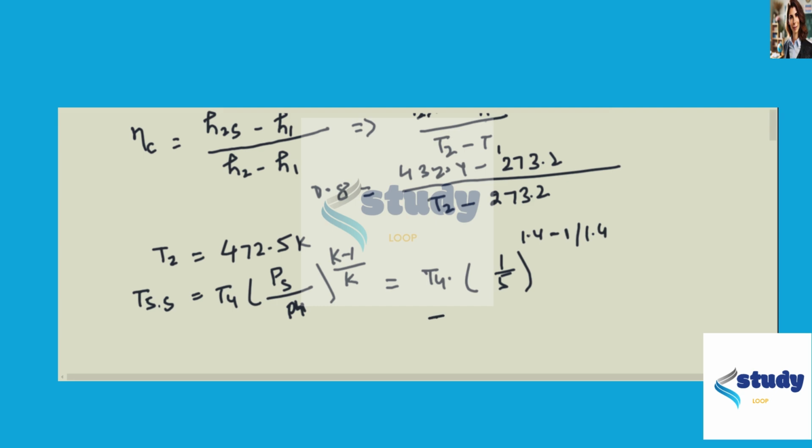So this can be written as temperature of fifth state in adiabatic process to be T4 into 1 upon 5 whole to the power 0.4 divided by 1.4.